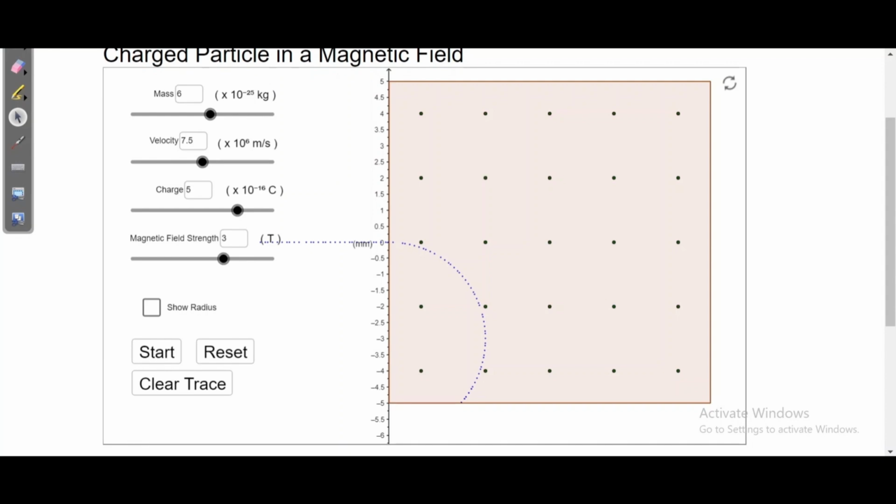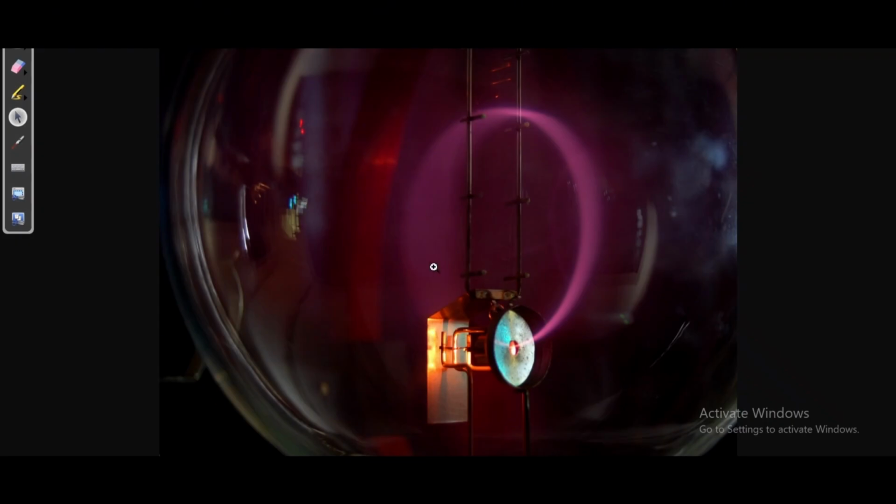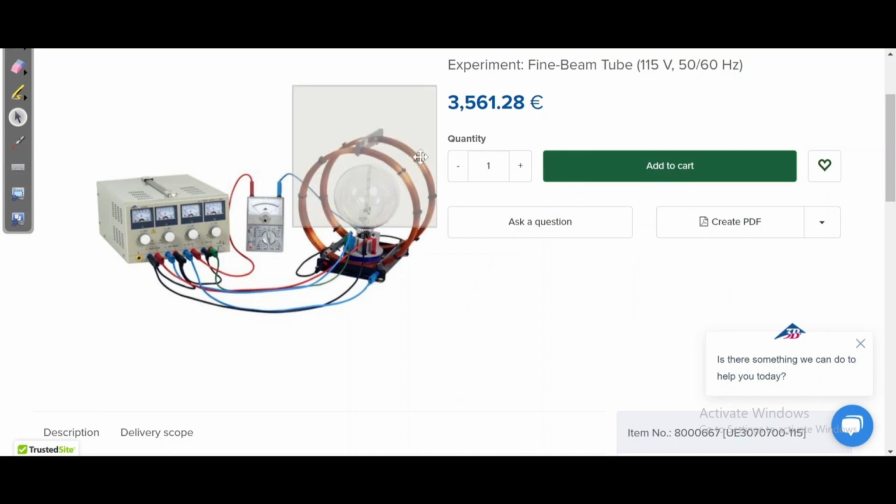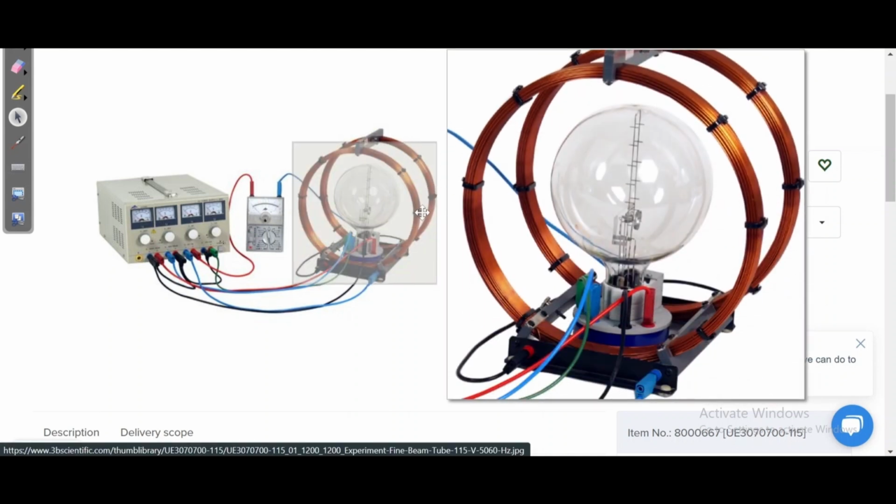The same case is present here, because on the outside of this bulb we have the Helmholtz coils. We have these coils around this bulb, and these coils produce the magnetic field, and inside this bulb we have the electrons in motion.